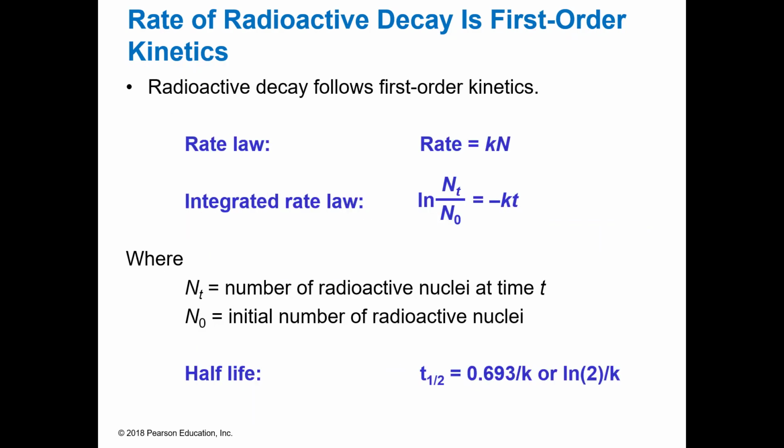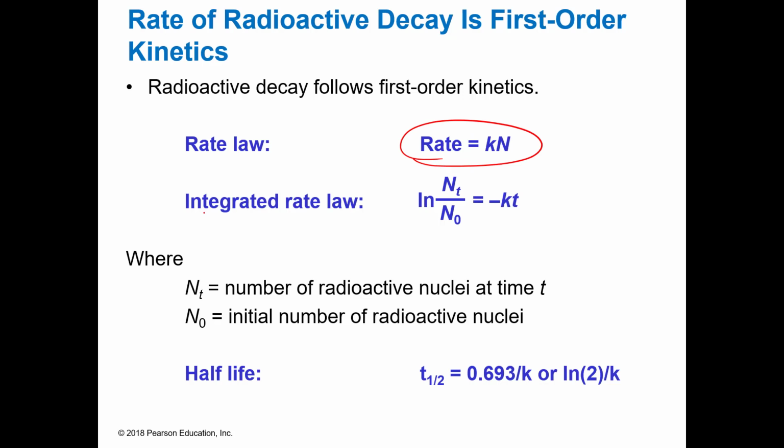As I said, radioactive decay follows first order kinetics. If you recall that from the chapter on kinetics and rates, that means that the rate equals some constant k times N, which is the number of radioactive nuclei.